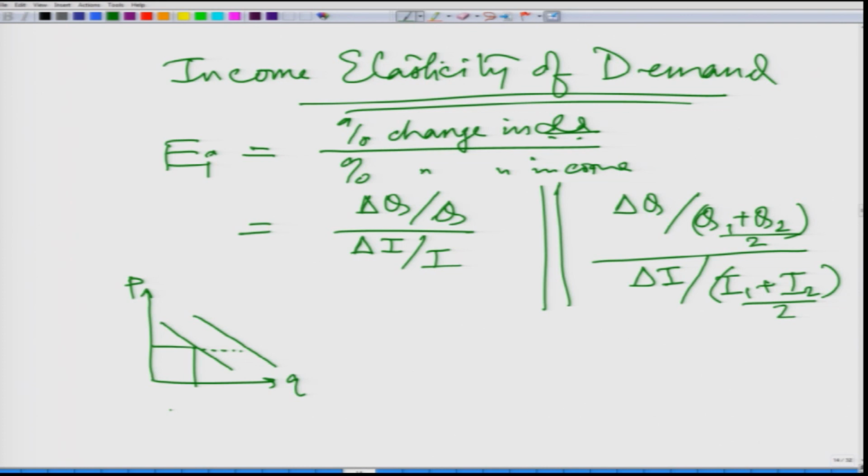With a change in income there is a horizontal shift in the demand curve, so that is income elasticity of demand. Whereas price elasticity of demand shows the movement along the demand curve, and we have seen where exactly the elasticity is elastic, unit elastic, and how the total revenue changes.